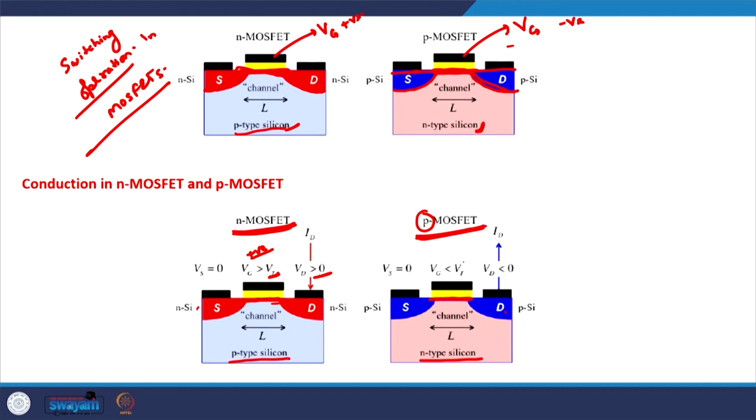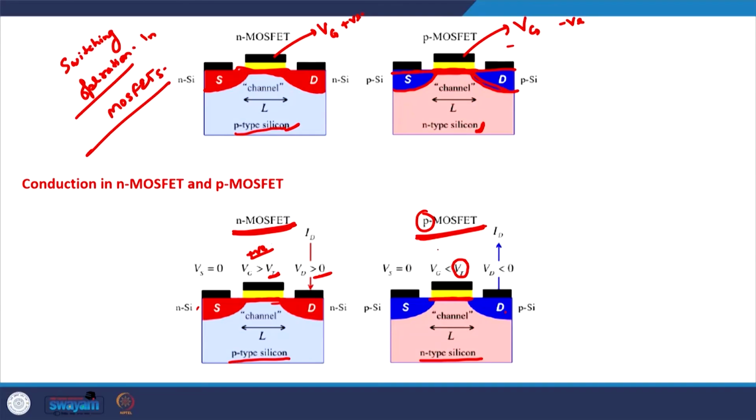The voltage that makes a channel in the body is known as the threshold voltage, and the gate voltage should be below the threshold voltage in the p-MOSFET in order to create a channel in the body of the n-type silicon material.